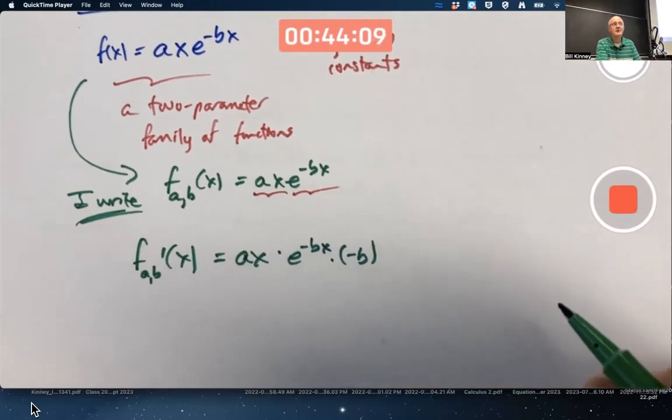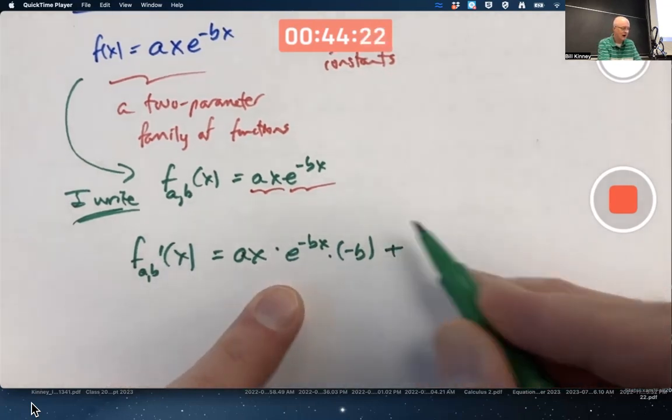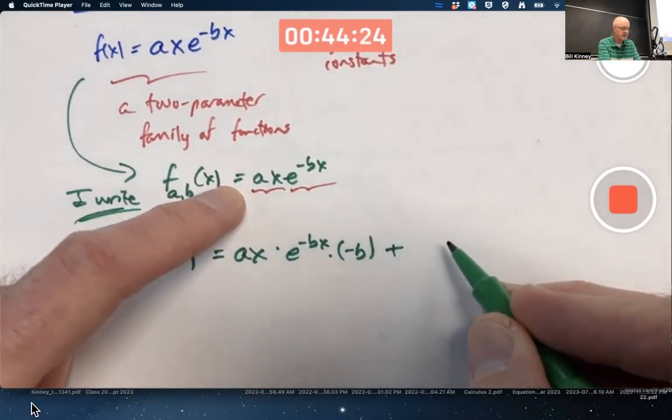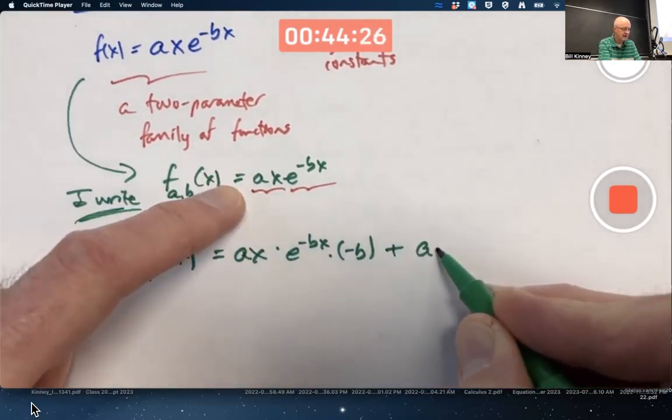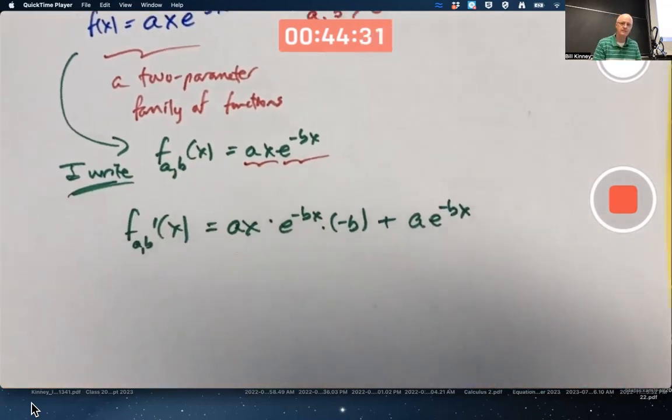I hope you feel comfortable enough now with the chain rule that I can do that fairly quickly and not completely explain it. That's the benefit of practicing for a gateway exam, hopefully. Left d right plus right, e to the negative bx times the derivative of the left, which is just a. There's the derivative with respect to x.